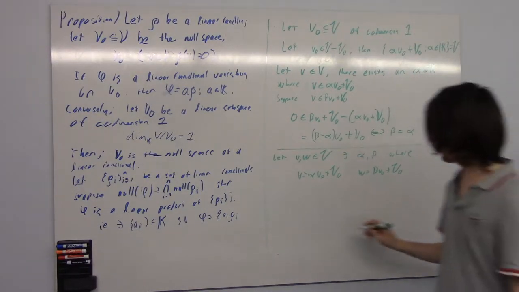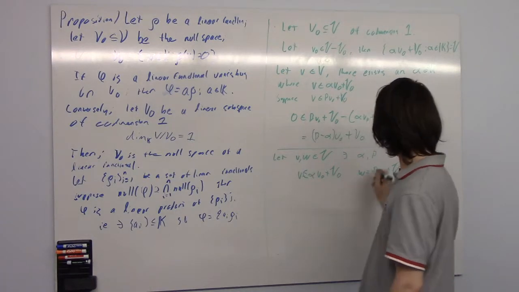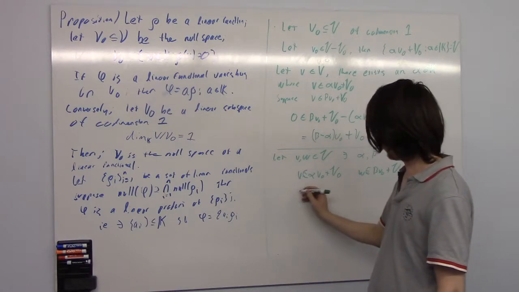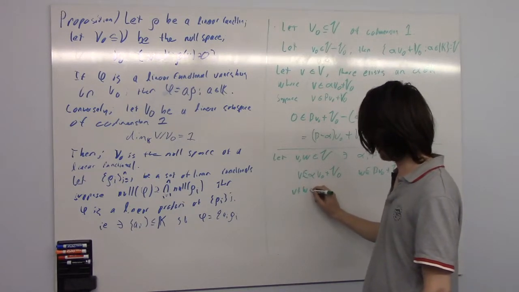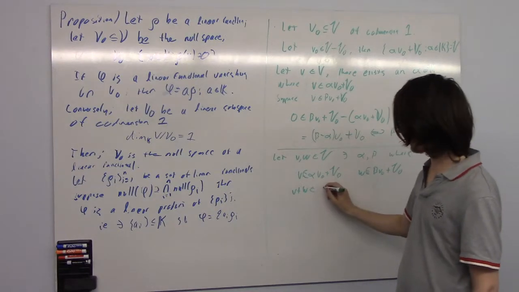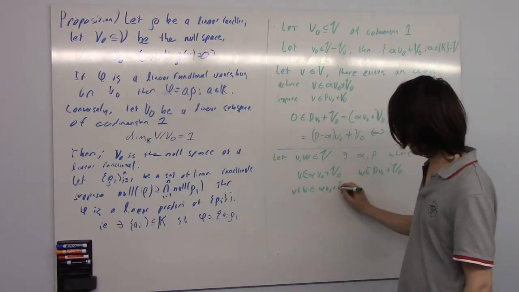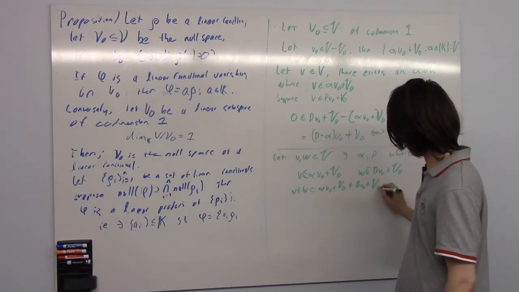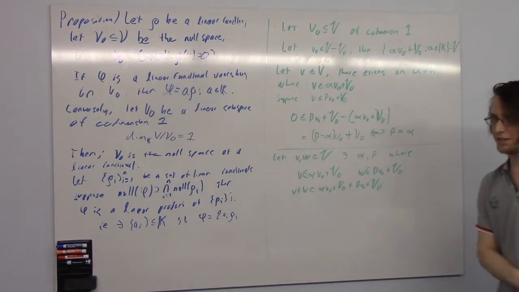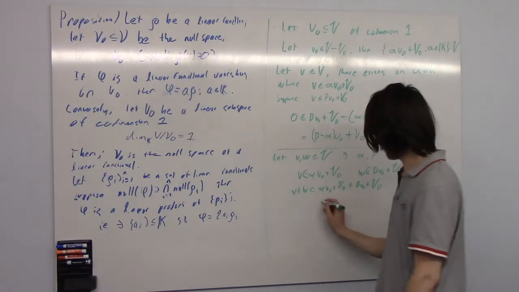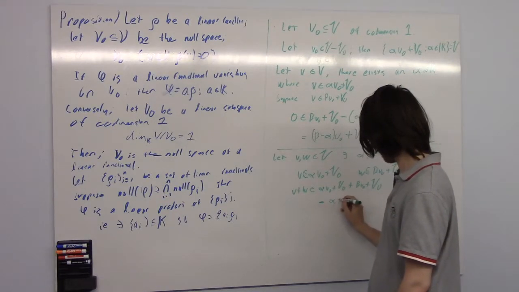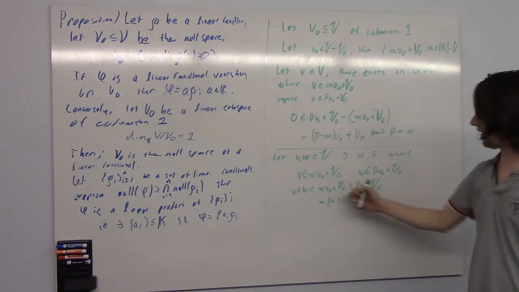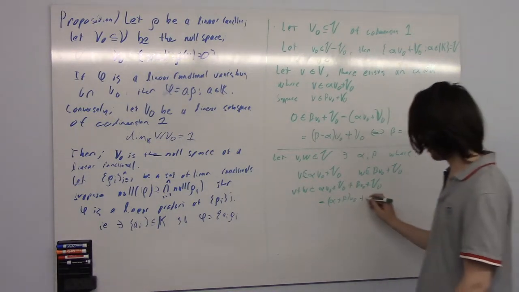So we're going to add them. We get v plus w is an element of alpha v naught plus V naught plus beta v naught plus V naught. Well, addition is always commutative. So this just equals alpha plus beta times v naught. And as we know, V naught plus V naught is just V naught.